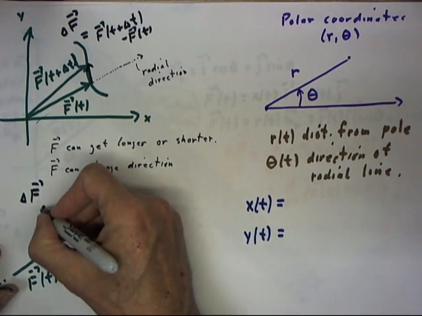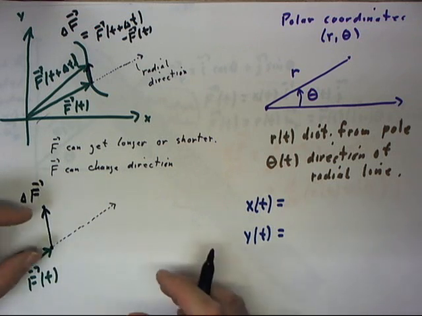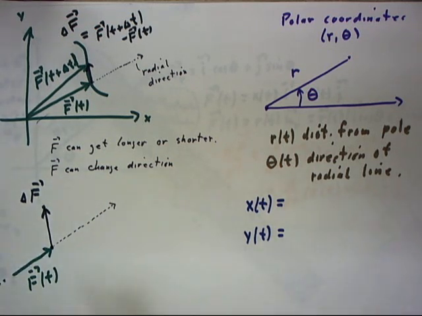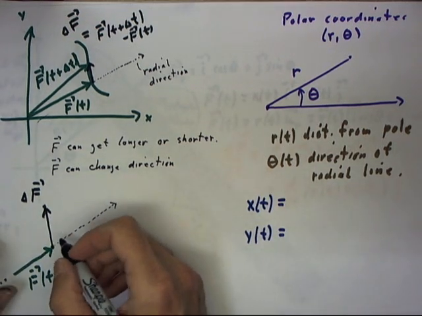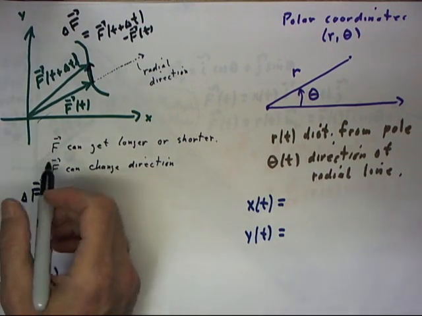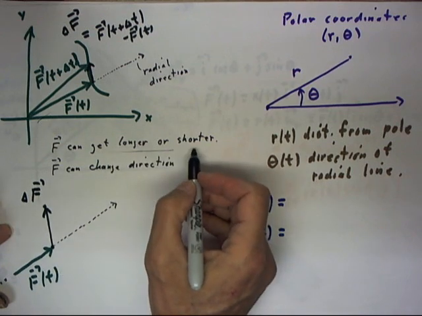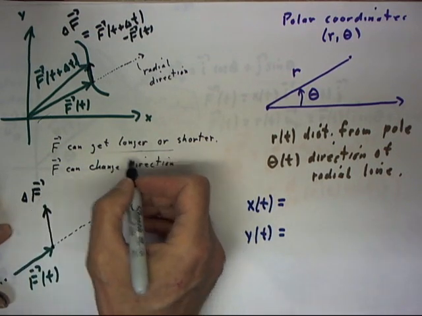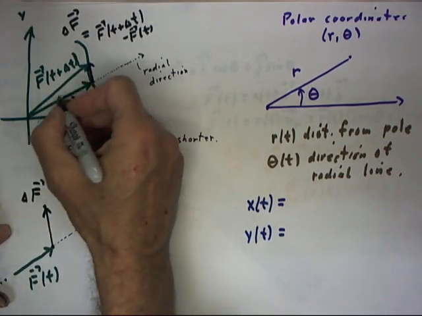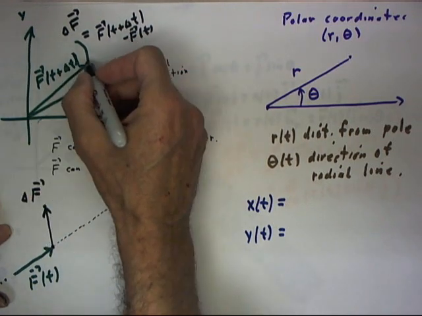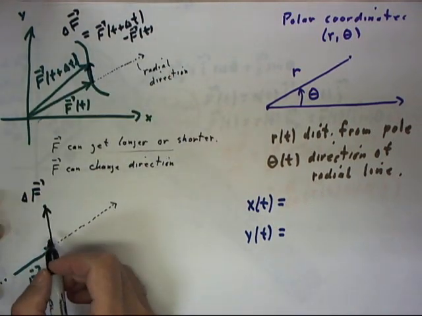The change in the position in our xy plane is the vector delta f. Now the f vector can get longer or shorter, and it can change direction, as we've seen. And in the case we have here, we see that the f vector gets longer between these 2 points.